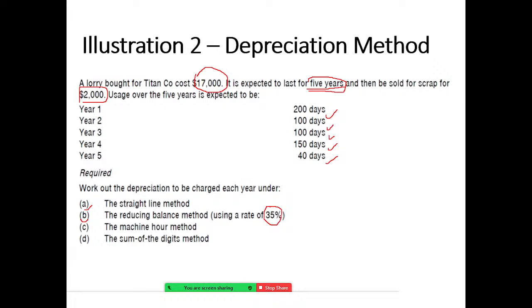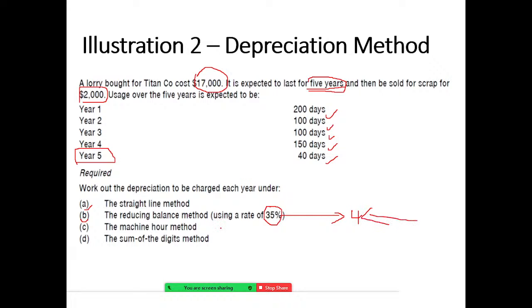So we have to do this up to 4 years, and in the fifth year we have to deduct again from the carrying amount of the asset, and calculate the depreciable amount.